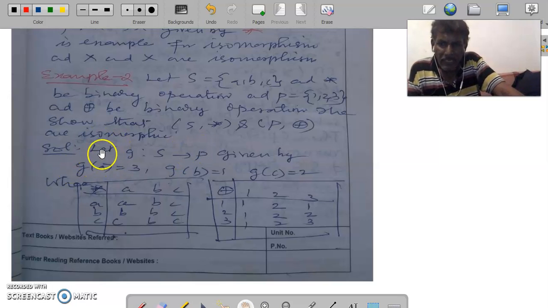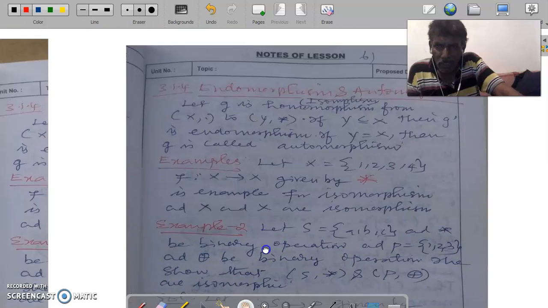Now if you take G from S to P given by G of A equals 3, G of B equals 1, G of C equals 2, then the condition for isomorphism is satisfied. Therefore, we can say that these two are isomorphic to one another.